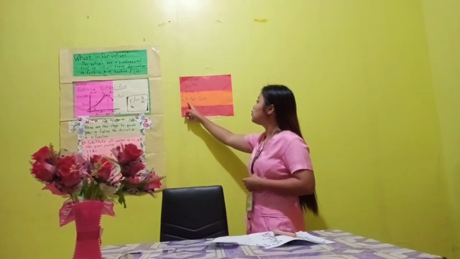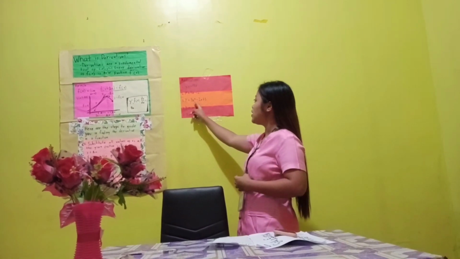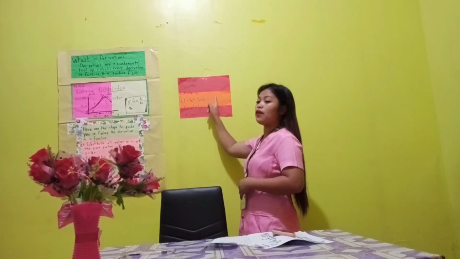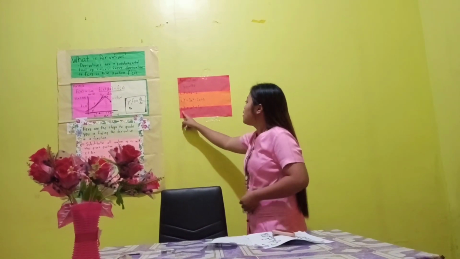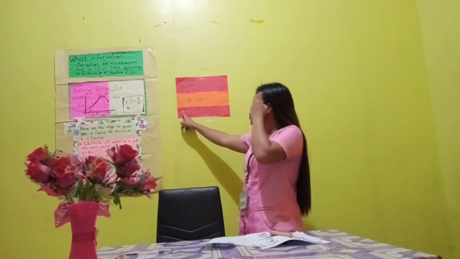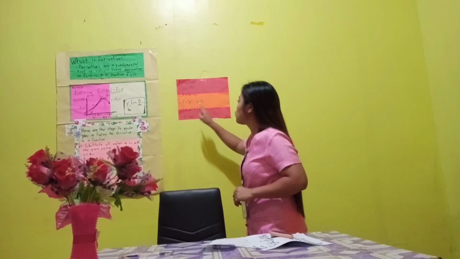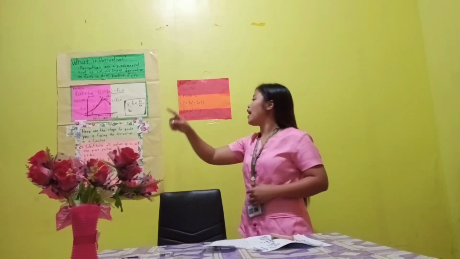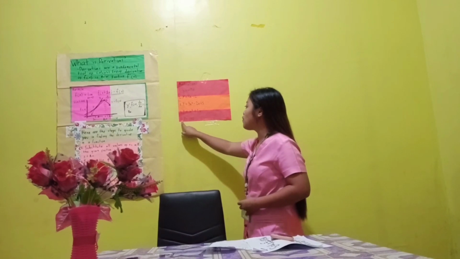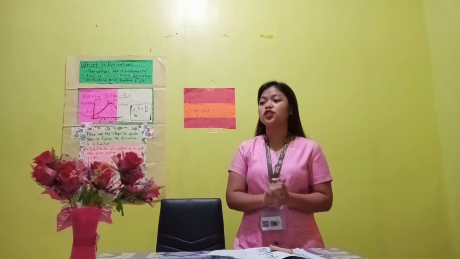Group 3, you will answer y equals 3x squared minus 2x plus 5. Group 4, you will answer y equals x squared plus 5x. Group 5, you will answer number 5, y equals 100. And then, in 10 minutes, I will collect your papers, and I will be the one to check it. Okay, are you done? Pass your paper.